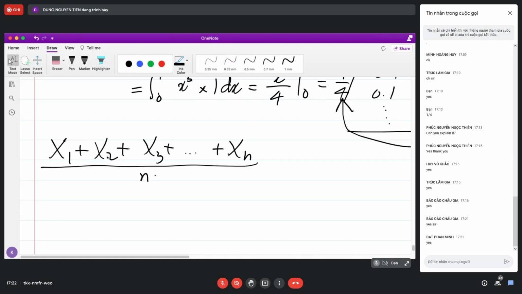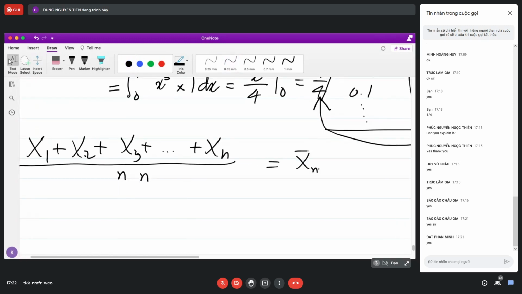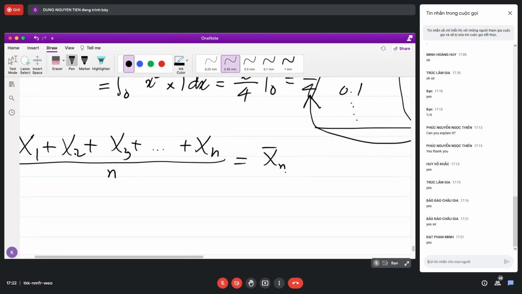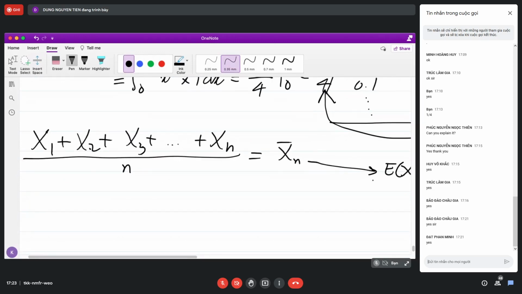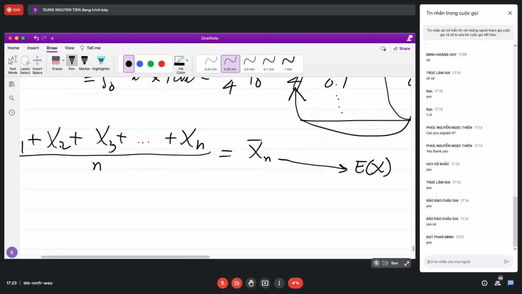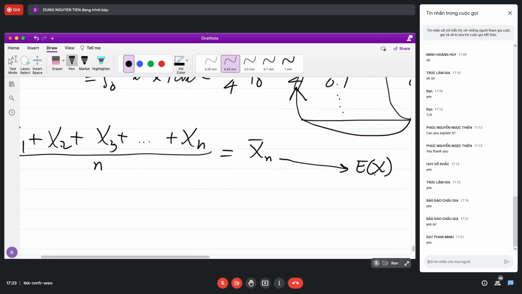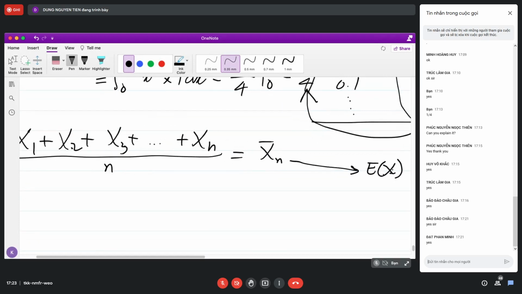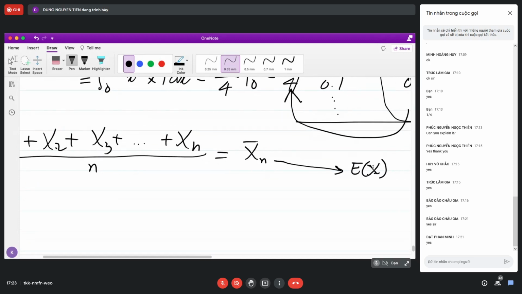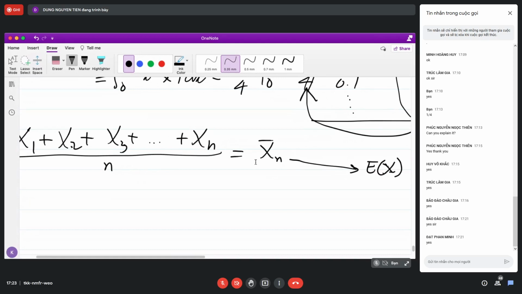Then we can prove that this one will be very close to E of X, the mean value of X. And the mean value of X is what you expect to observe. That's why you call it the expected value.